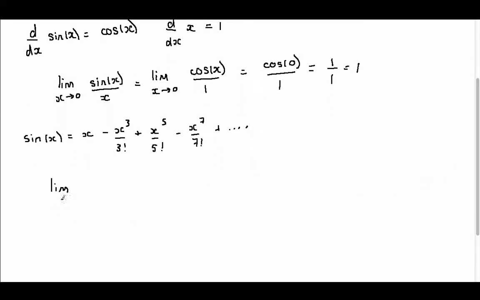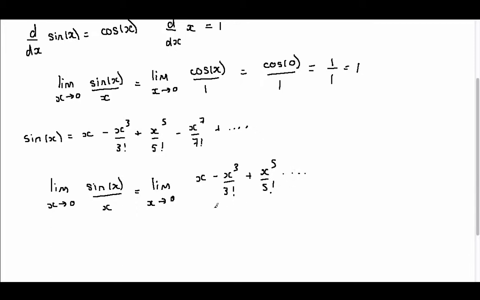The limit as x tends to 0 of sine x over x can be written as the limit as x tends to 0 of x minus x cubed over 3 factorial plus x to the 5 over 5 factorial, all divided by x.